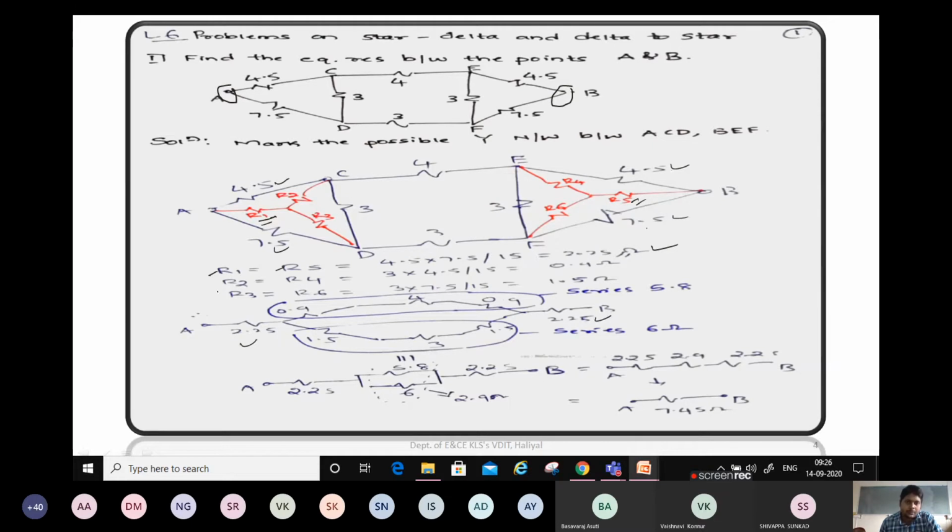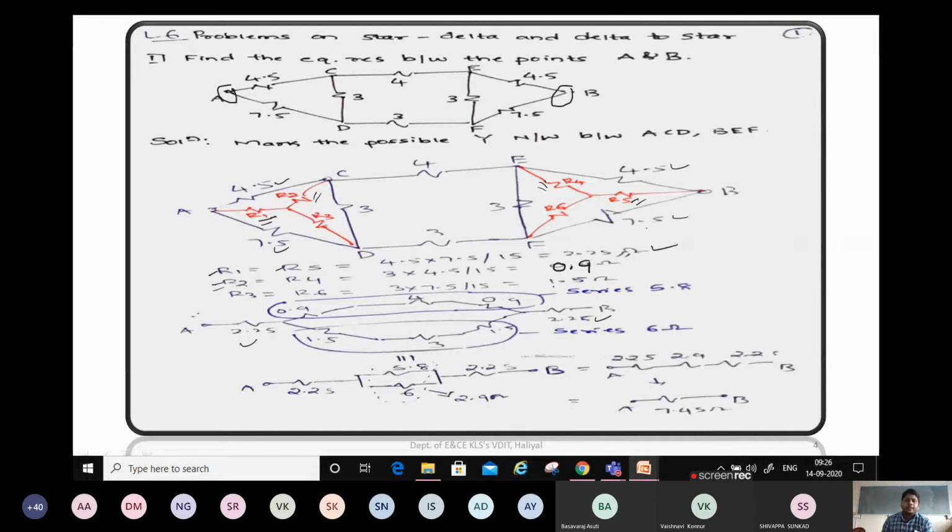Similarly, to calculate R2: R2 is placed in between 4.5 and 3 ohms, and R4 comes here in between 4.5 and 3 ohms. R2 and R4 can both be calculated with the same approach, and that turns out to be 0.9 ohms.